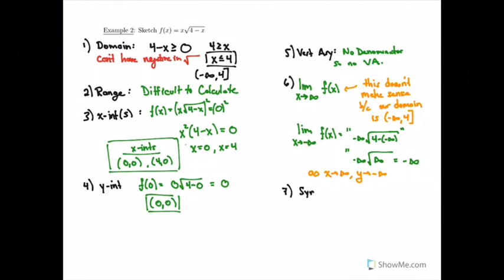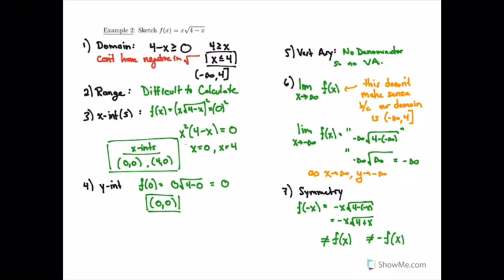Let's think about any symmetry. This question helped us out in the last example. It may not help us out in this one. We're going to look at f of negative x. It's going to be negative x times 4 minus negative x, which gives us negative x times 4 plus x, and that is not equal to the original function, and it's not equal to negative the original function.